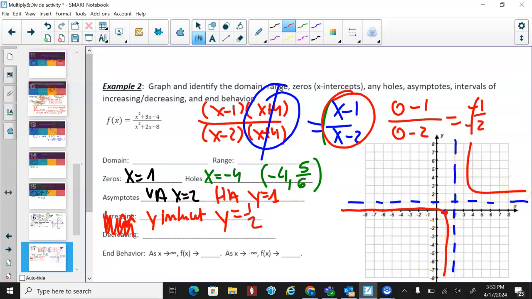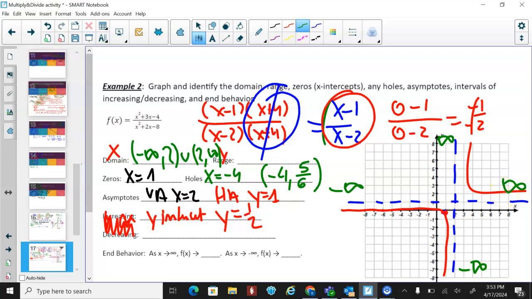Okay, so domain and range, domain is x-axis, range is y-axis. So again, what I want you to remember is that it goes from negative to positive, from the bottom to the top. Always negative to positive. So we're going to go negative to our vertical asymptote. This is where the wall stops, which is 2, and then from 2 to positive infinity to the right.